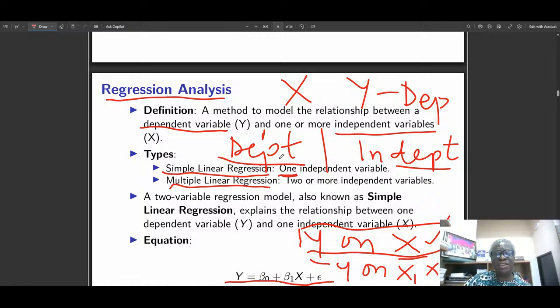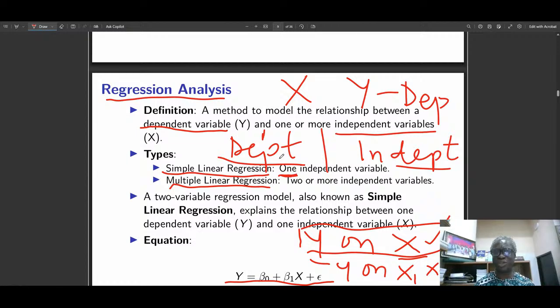Y equals beta naught plus beta 1 x plus epsilon. That's the error.